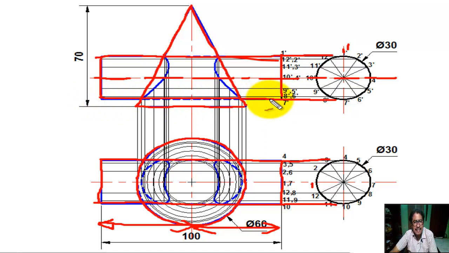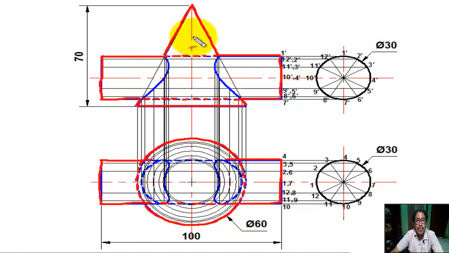The length of the horizontal cylinder is 100 millimeter and its diameter is 30 millimeter. Okay. Now this is the front view of the cone and cylinder, and this is the top view of the cone and cylinder.